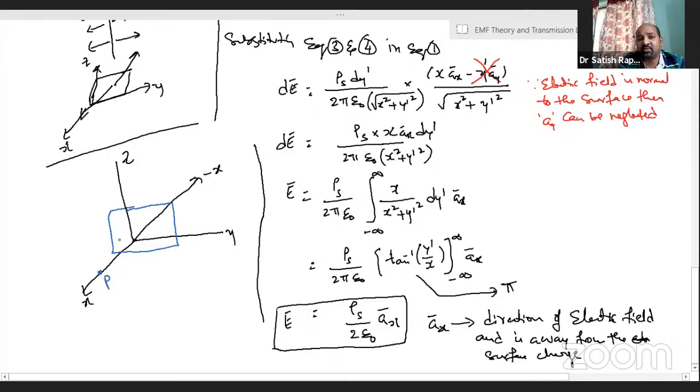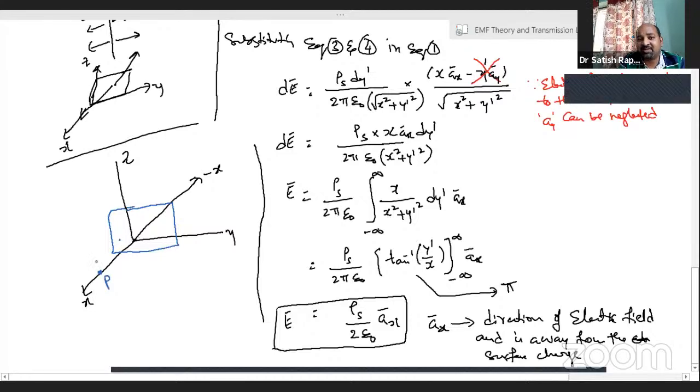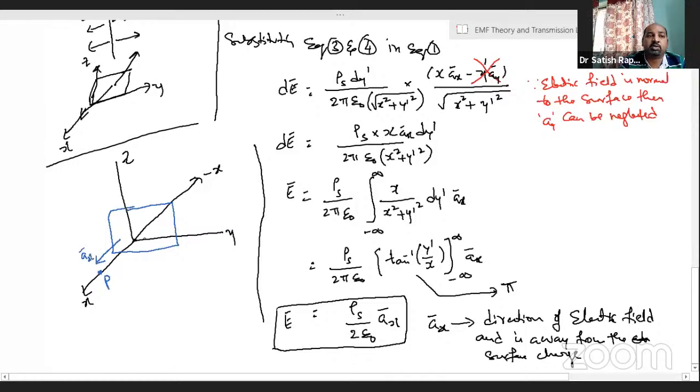From the derivation, we have seen that the electric field directs towards the point, ax bar.